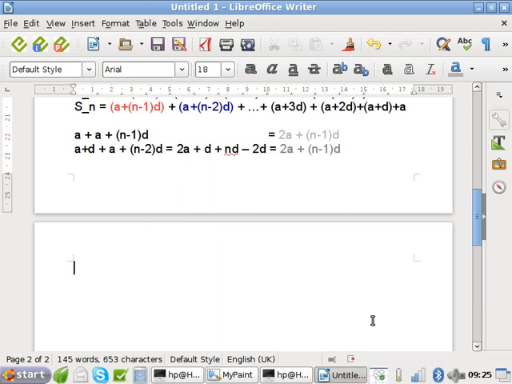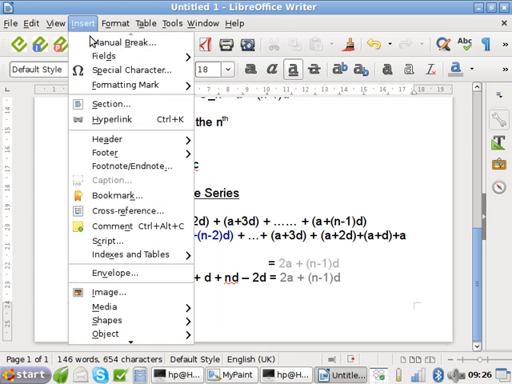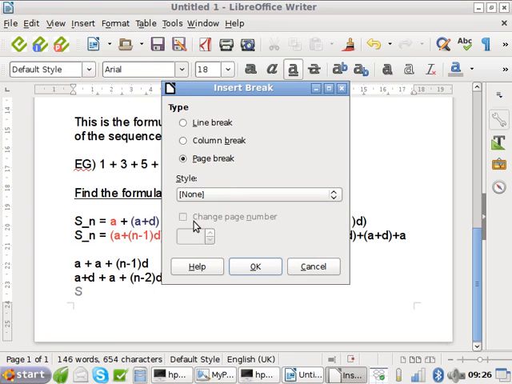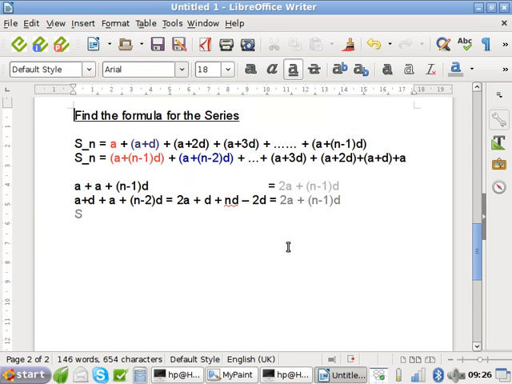So when you add all of these together, back to black. So when I add these together, Sn plus Sn is 2Sn.